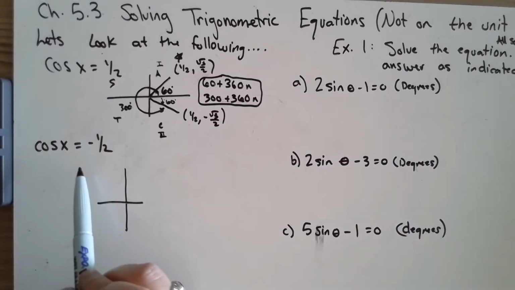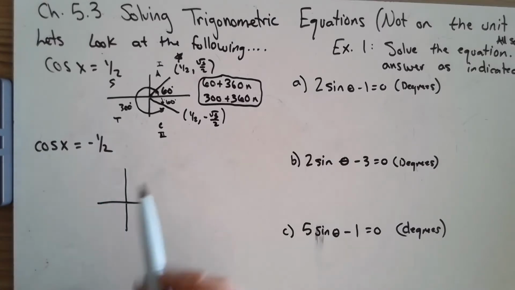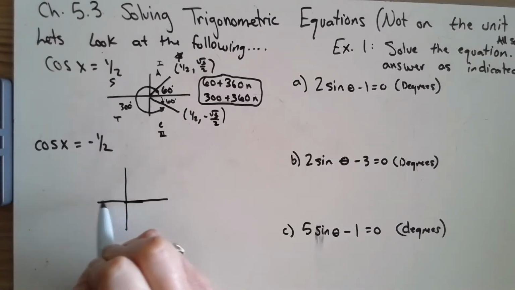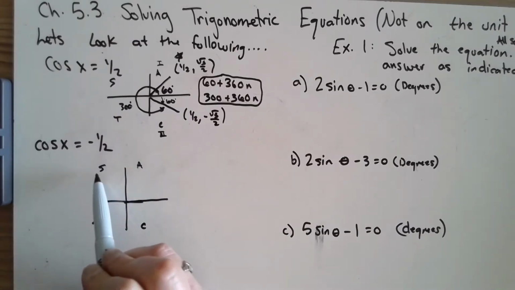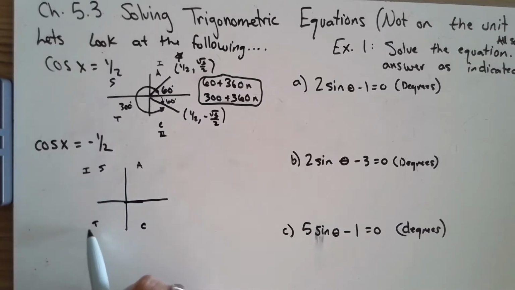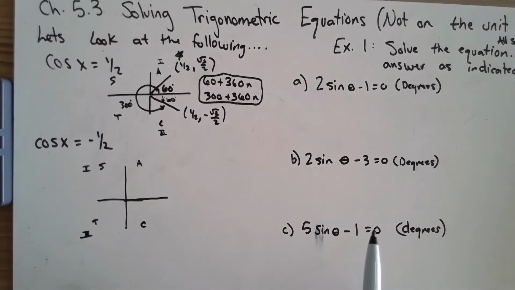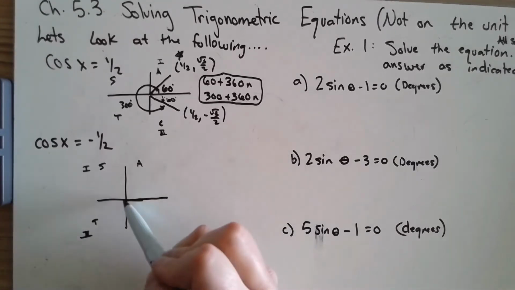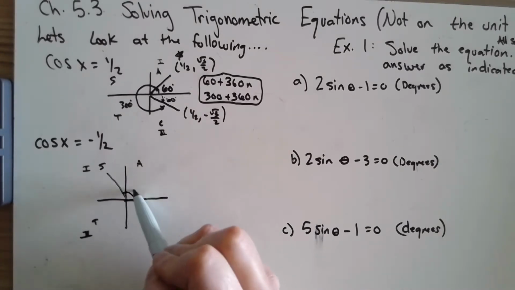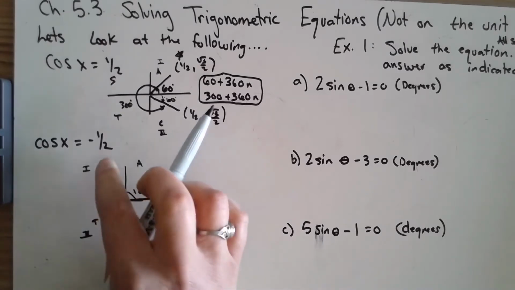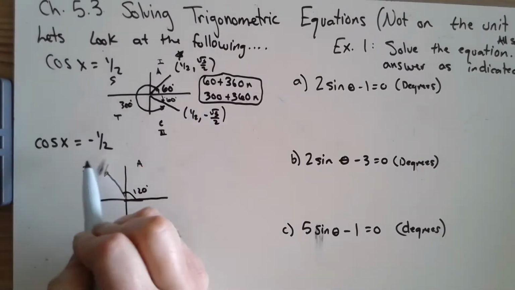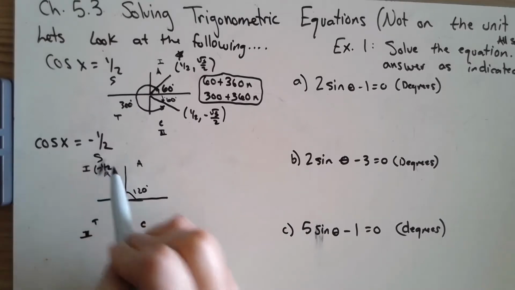Let's look at cosine of negative a half. So negative a half, cosine, all students take calculus. That will be in quadrant 2 and quadrant 3. So in those two quadrants we should have our answers. If we look at our unit circle, it's at 120 degrees, which is negative 1/2.